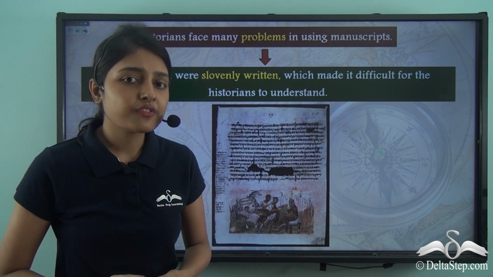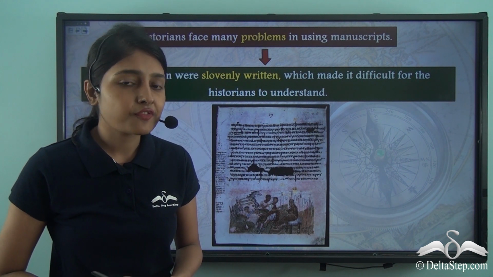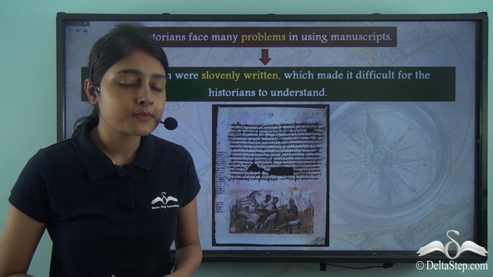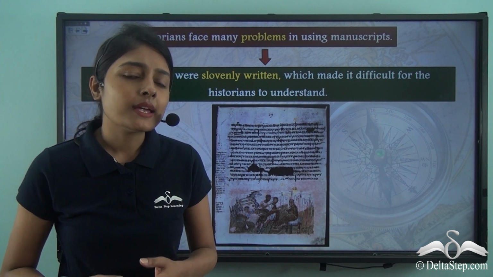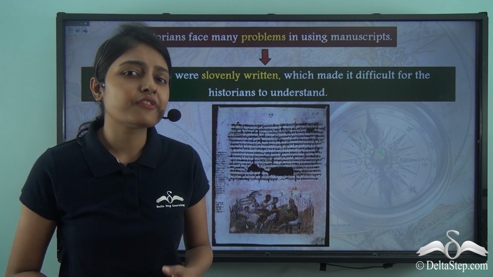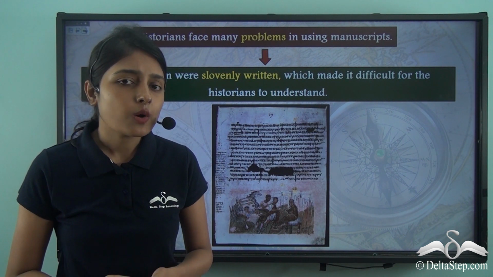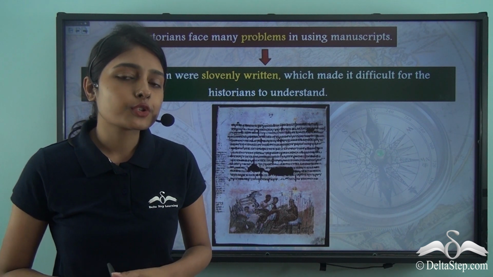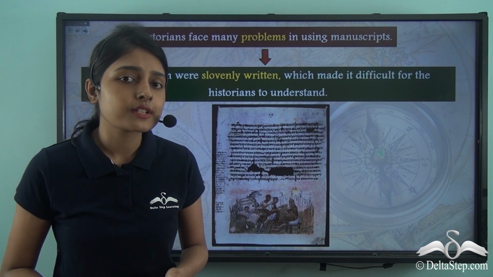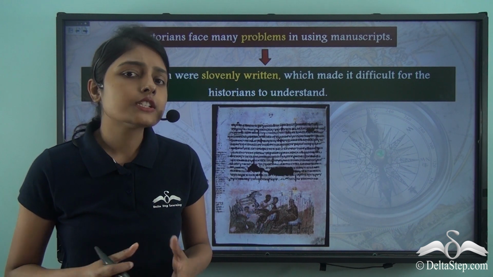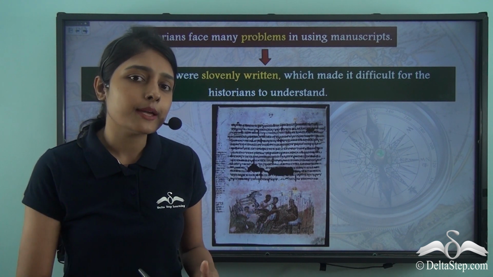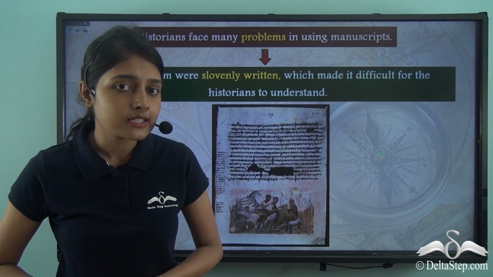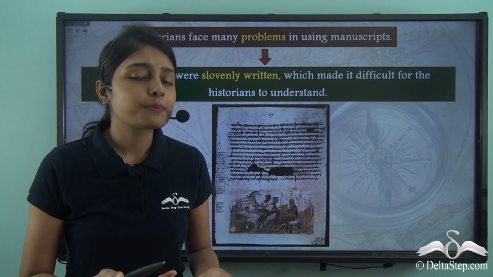Among the various difficulties that the historians face in deciphering the manuscripts, the first would be that many of these manuscripts were very badly written. How is it so? You have to keep in mind that these manuscripts were written by hand. And you cannot expect every scribe to have very good handwriting, to have a very neat presentation.